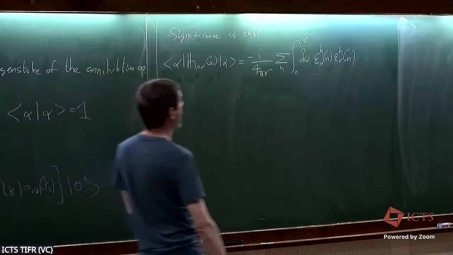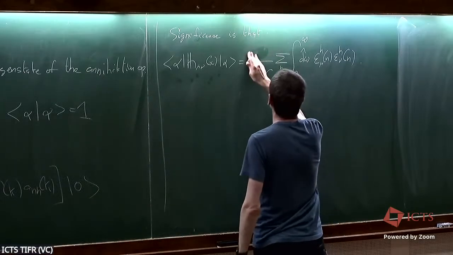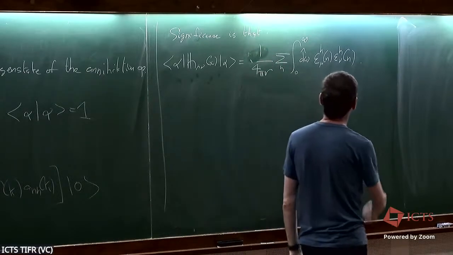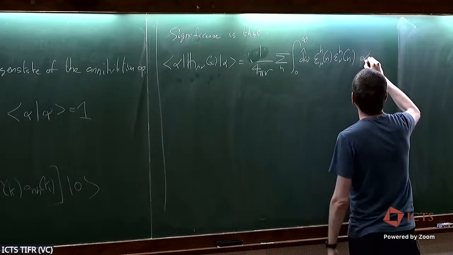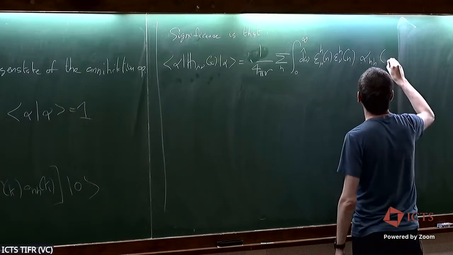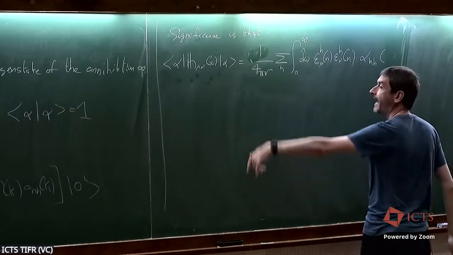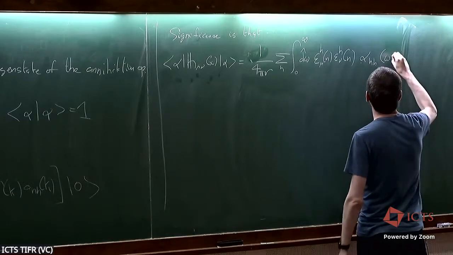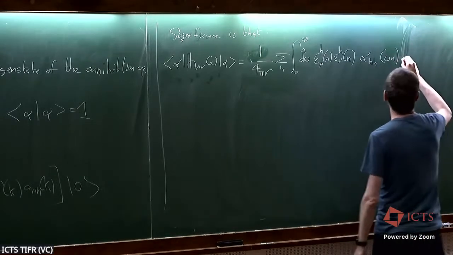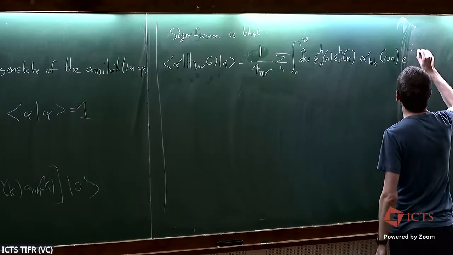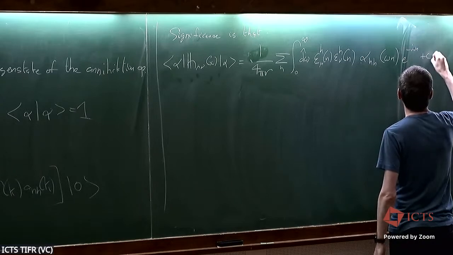So we'll pick up this i. And this i very helpfully cancels that minus i. And we have alpha times h of, well, k, but now k is omega n, e to the minus i omega u, plus complex conjugate.